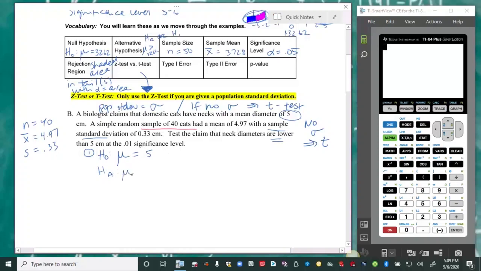The alternative hypothesis will always have one of my inequalities in it. So it will either have less than, greater than, or not equals. The null will always have equals. The alternative will have one of the 3 inequalities. This time it's lower than. So it's going to be, is the mean actually lower than 5? Okay, so that's step number 1.